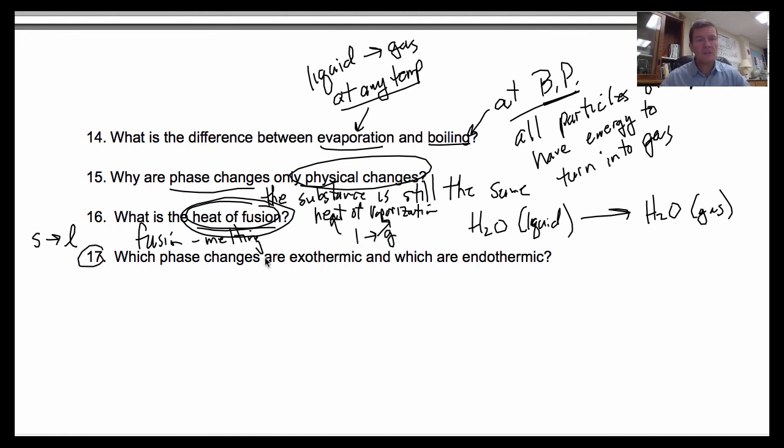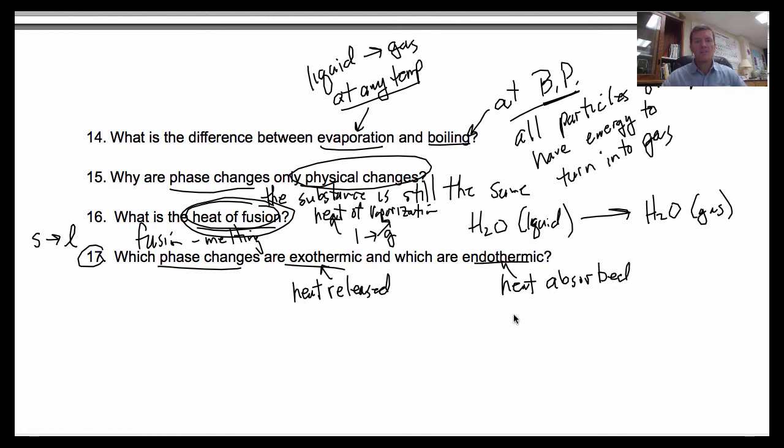Okay, last one. Phase changes are either exothermic or endothermic. What do we mean by that? Exothermic means that heat is going to be released. Heat is given off during that change. Heat is released. Here, endothermic means heat needs to be absorbed during that process.